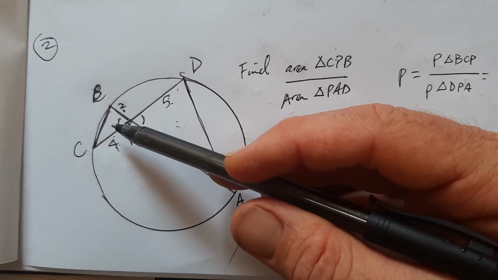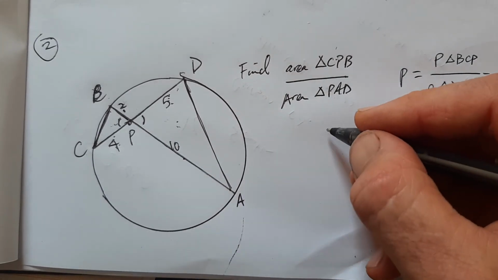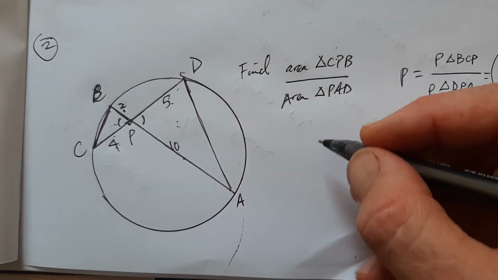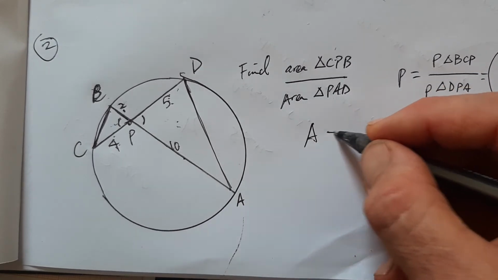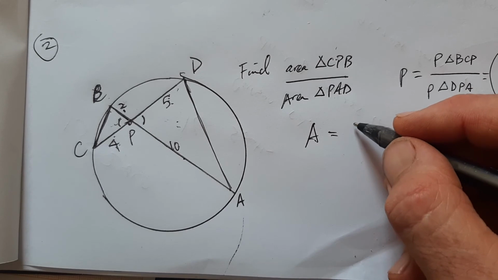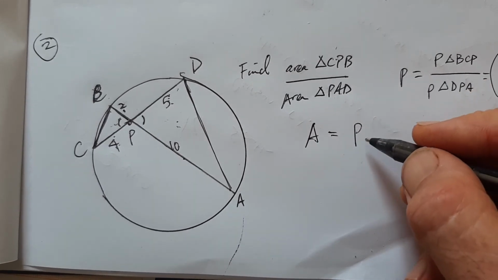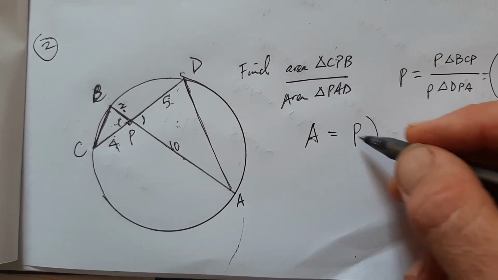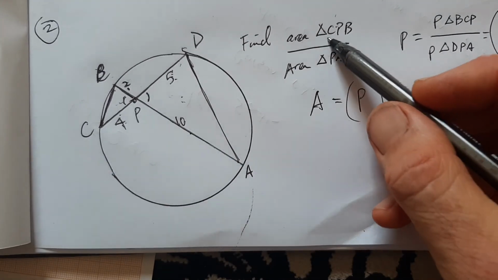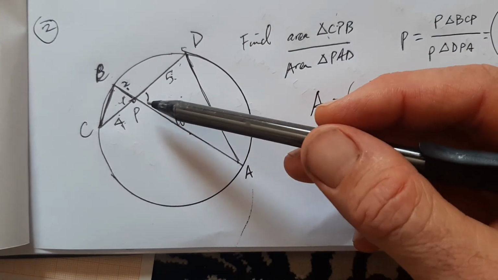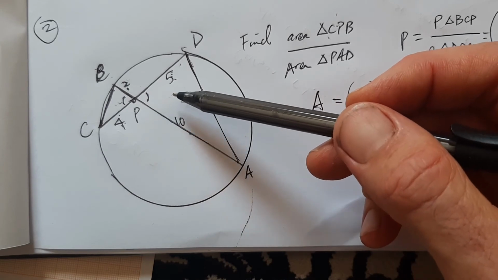So the area ratio is equal to the perimeter ratio squared. So all it's asking for is the ratio. You don't have to find the area. We can't right now find the areas of this.